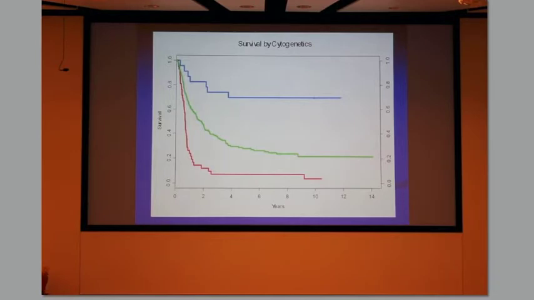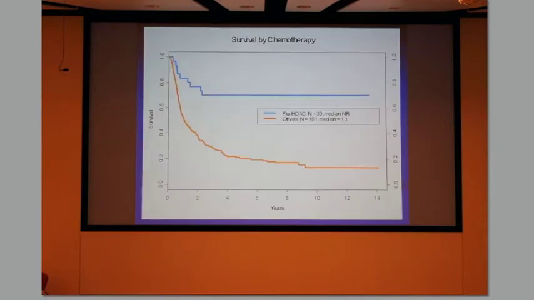So some of the cytogenetics have relatively good survival, and some of those categories have relatively poor survival. So cytogenetics is clearly related to survival. And chemotherapy, obviously, when looking at the data, some of the chemotherapies do better than some of the other chemotherapies, which may be due to the selection process of who gets treated, or actually may be the treatment type itself.